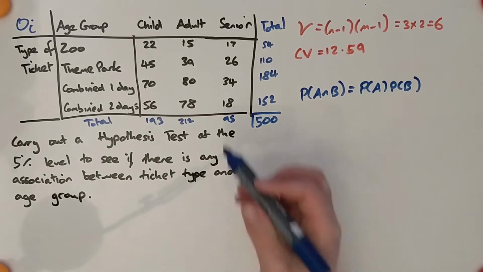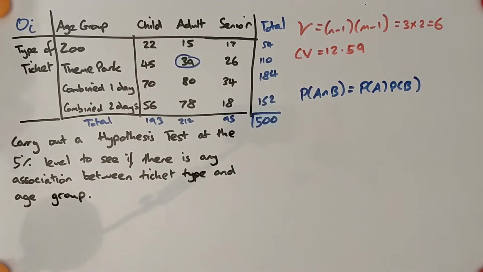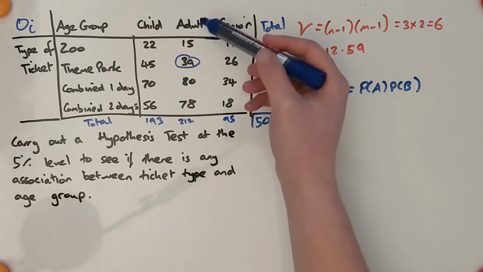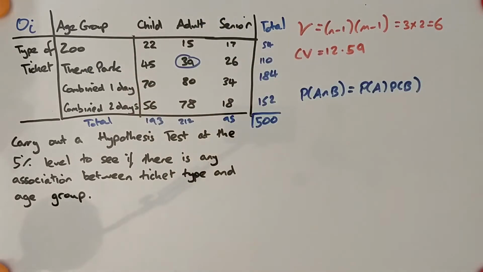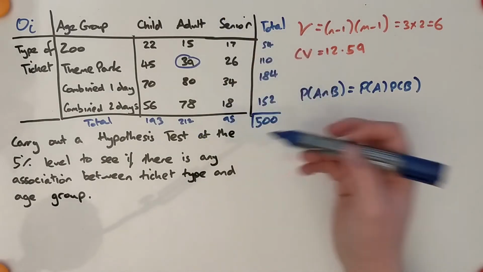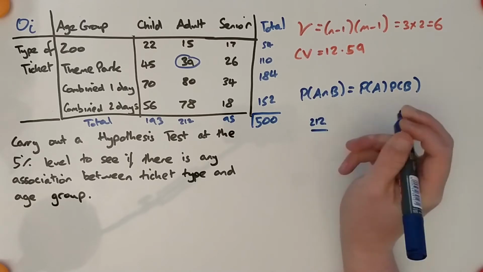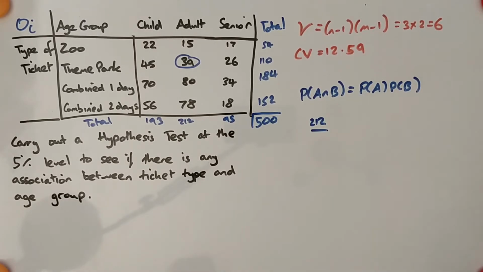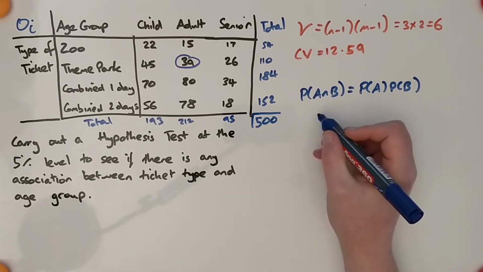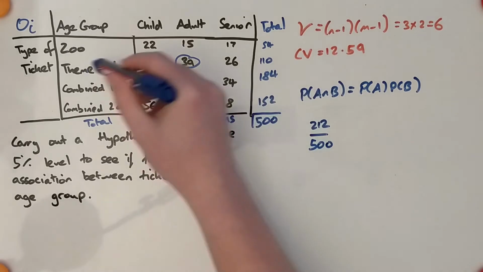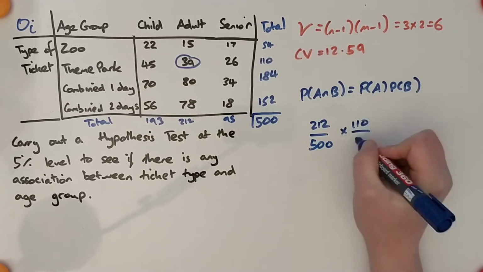So if I'm looking at this value here, the value we expect to be in there is going to be the total, 500, times the probability of being an adult times the probability of buying a theme park ticket. The probability of being an adult is 212 over 500, times the probability of being at a theme park, 110 over 500.